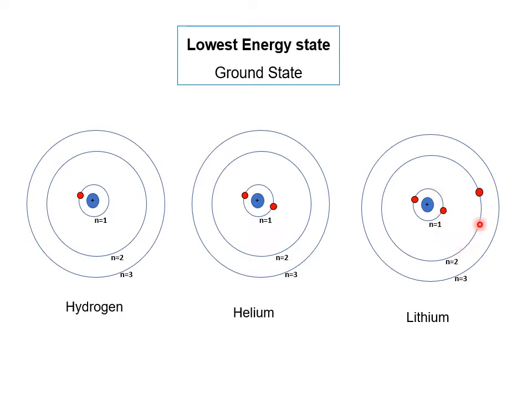And then the second orbit, n equals 2, will continue to hold 8 electrons before filling up and going to the third orbit. So the lowest energy state, which is called the ground state, fills up the orbits from n equals 1, followed by n equals 2, then 3, and so forth.